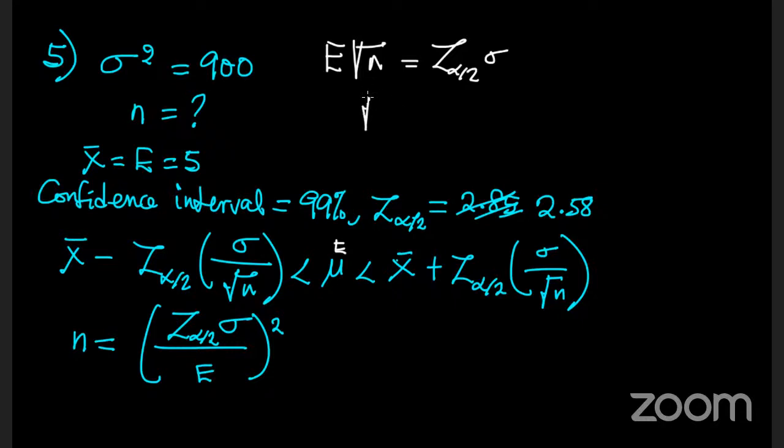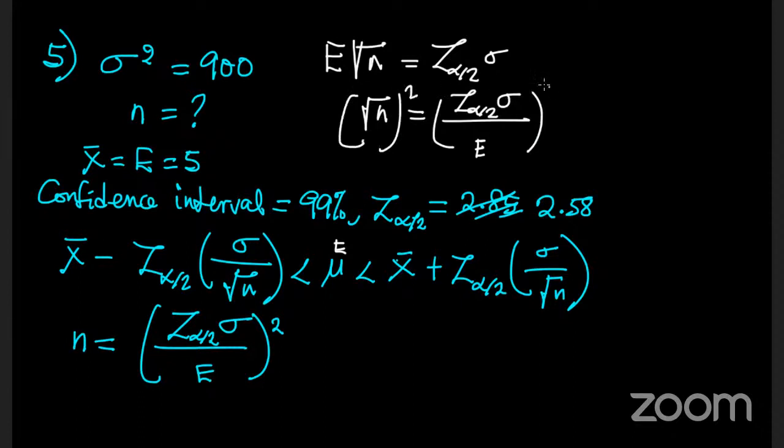So root n will be equal to Z times this all over E. But n has a root, so we raise both sides, left and right, to the square to cancel it out. So that's how we have n is equal to this.